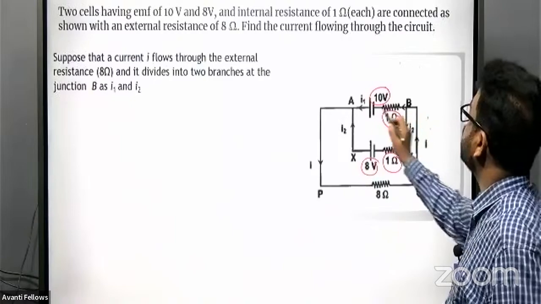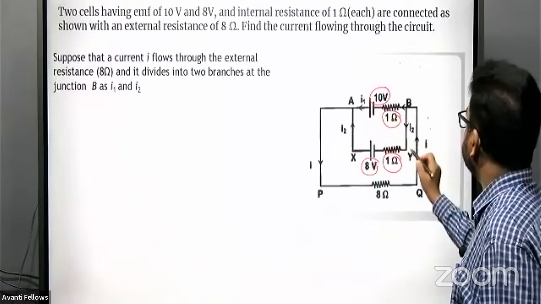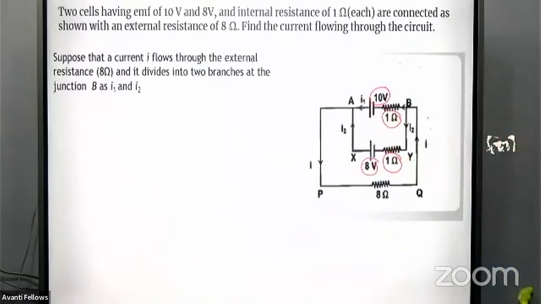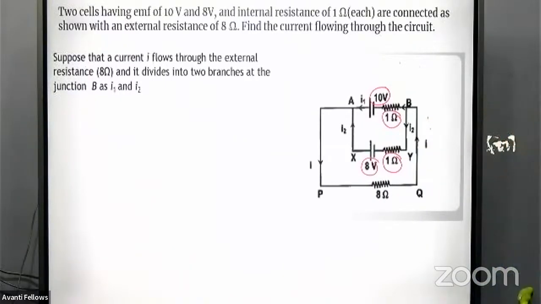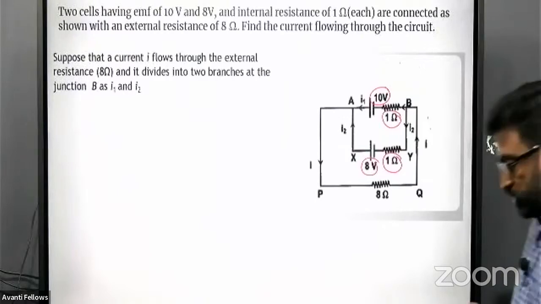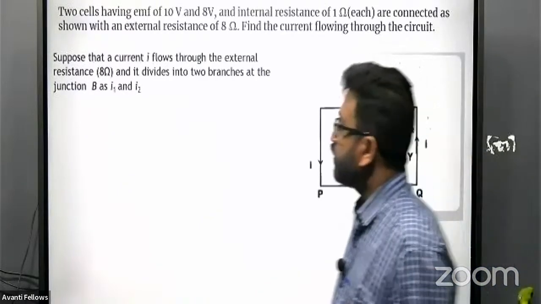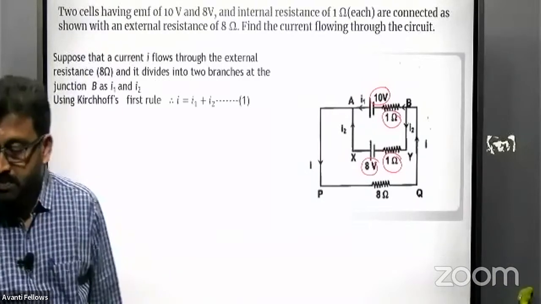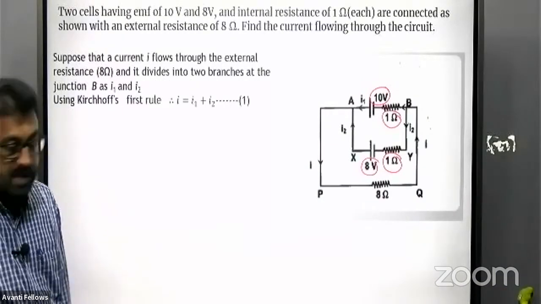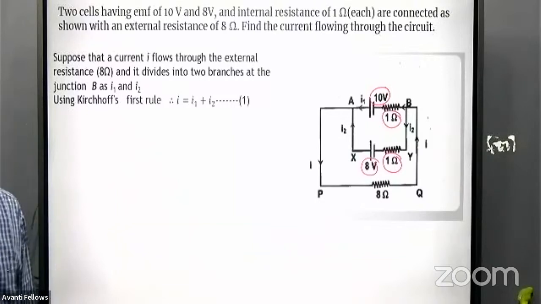One is flowing through this one, that is I1, and the second is flowing through this one, that is I2. So using Kirchhoff's rules, we can write the total current I equals I1 plus I2.